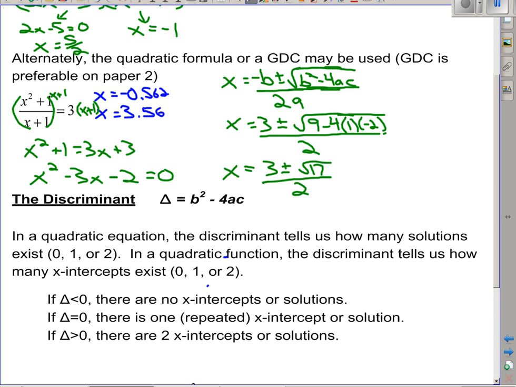You should realize that this means 2 different numbers: 3 plus root 17 over 2, and also the solution 3 minus root 17 over 2. And if you actually worked out what those are for decimal approximations, you'd get what we found in our GDC to start with. So you can see how convenient the GDC graphical solution can be.